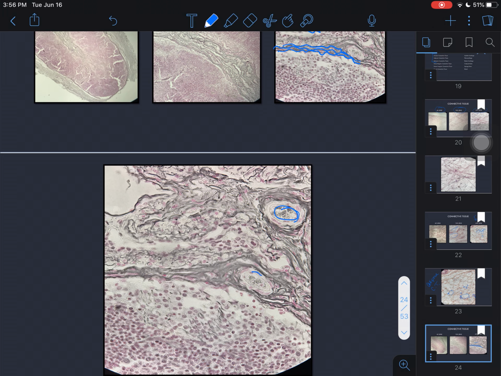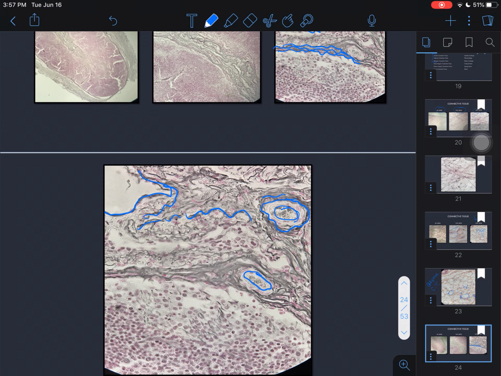This right here and this right here, these are both actually blood vessels, because it's vascularized tissue. But you'll see all of these nice black reticular fibers that make up this tissue.